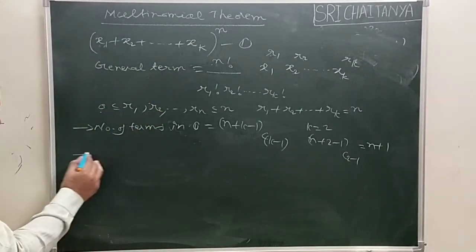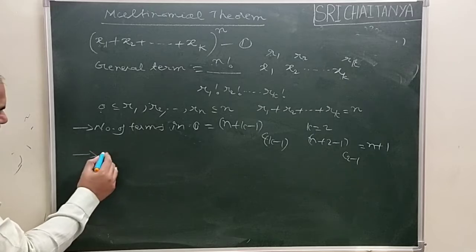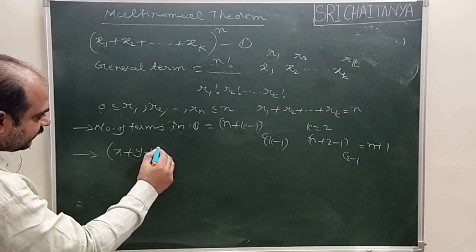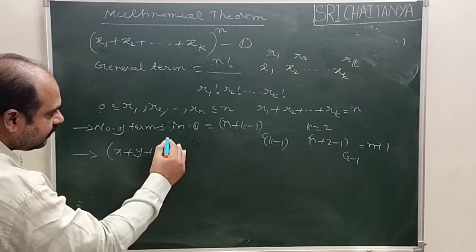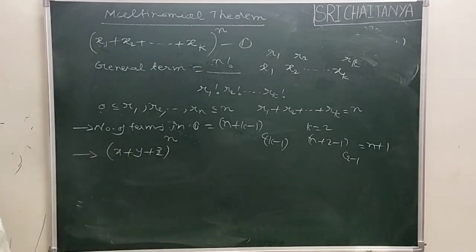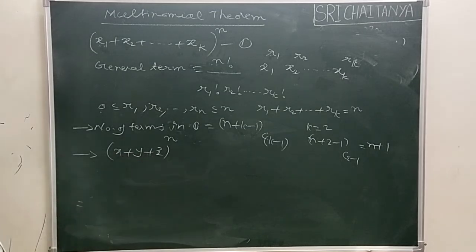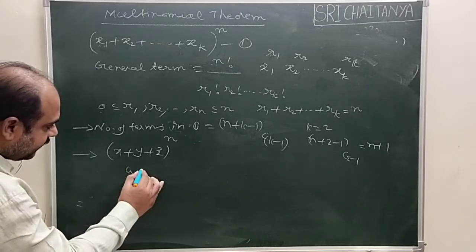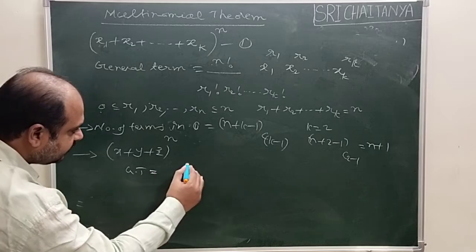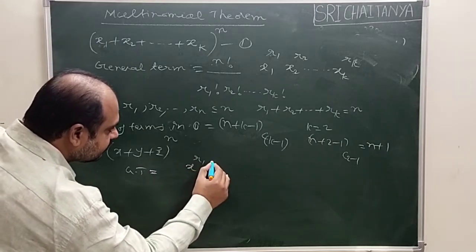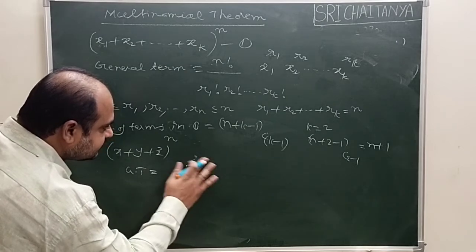The main thing here is, suppose three variables are there, with whole power n. This is important: (x + y + z)^n. Regarding three variables, you will get problems. So here the general term I am writing equals: you raise x to the power r1, or otherwise your choice.